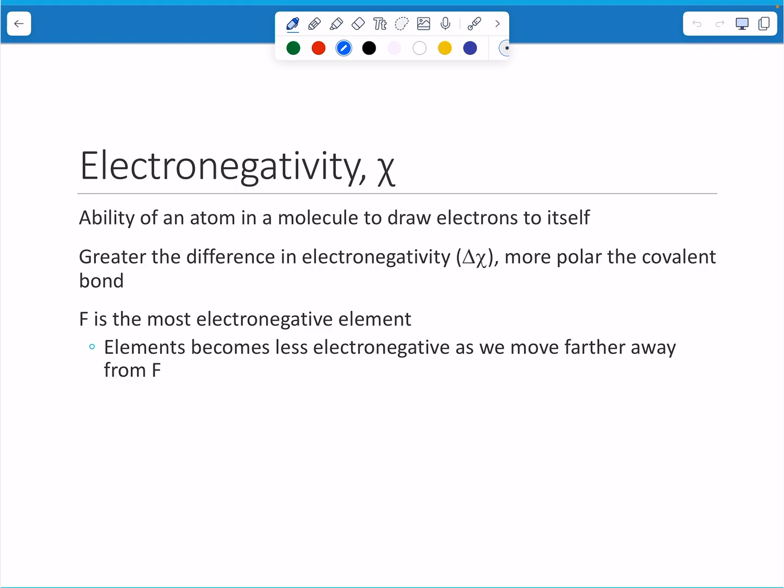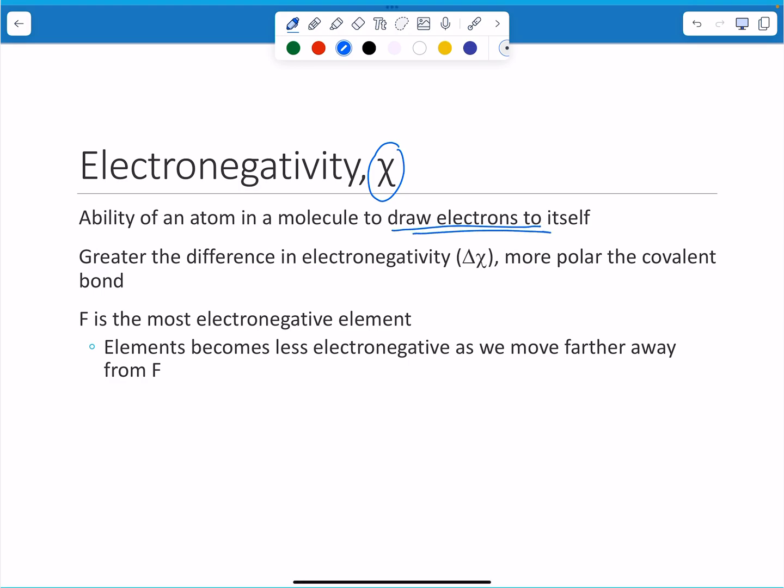So we call this electronegativity. We use a capital Greek letter, xi. And this is, again, called electronegativity. It's the ability of an atom in a molecule to draw electrons to itself.